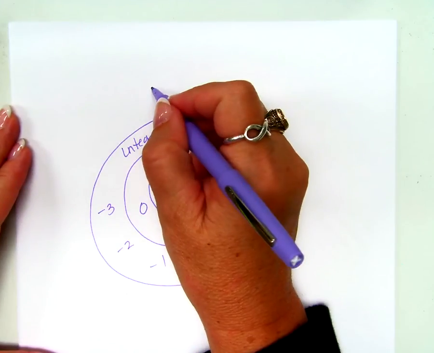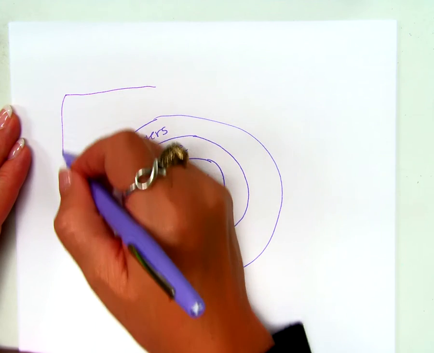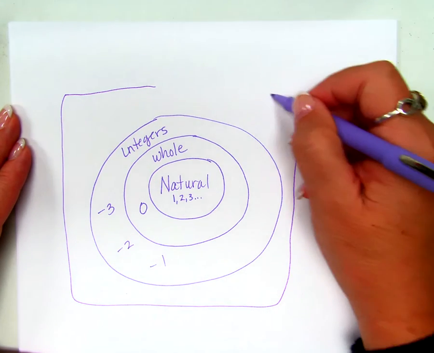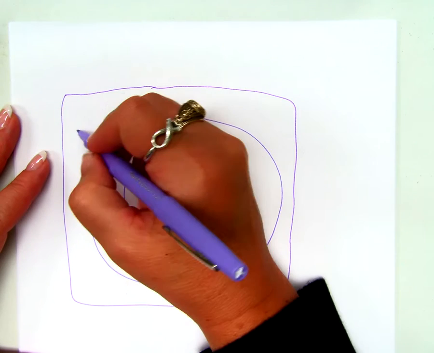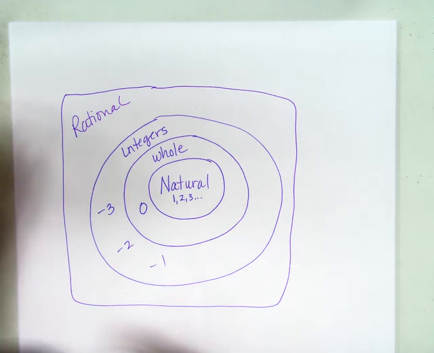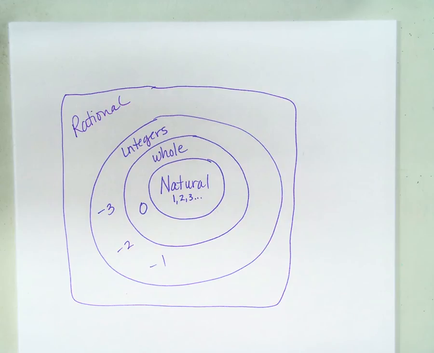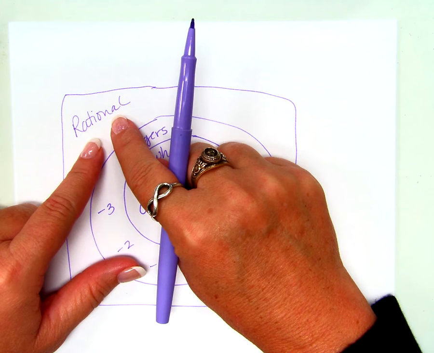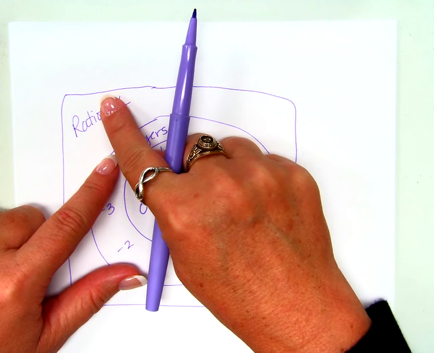Then there's this set right here that are called rational numbers. What does this word mean to begin with? We talked about it the other day, right? Ratio, and so it's a fraction.